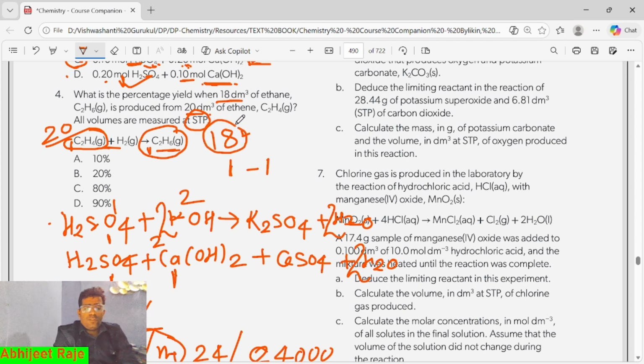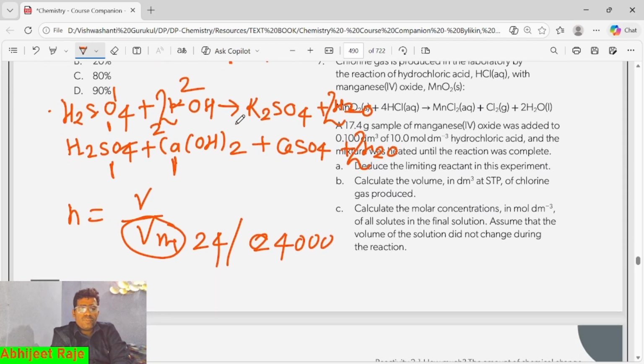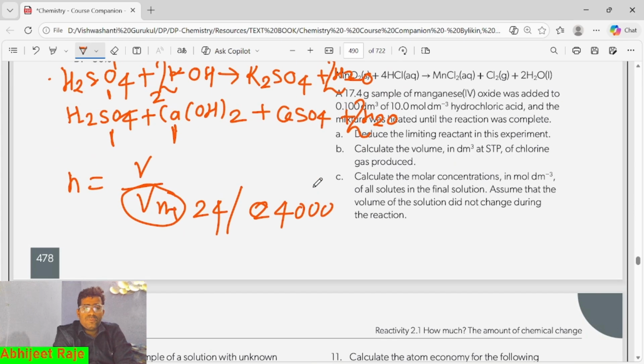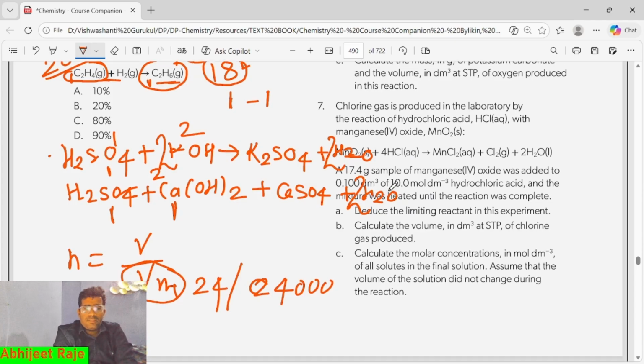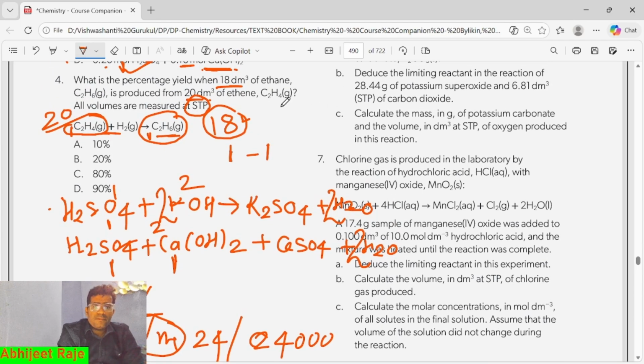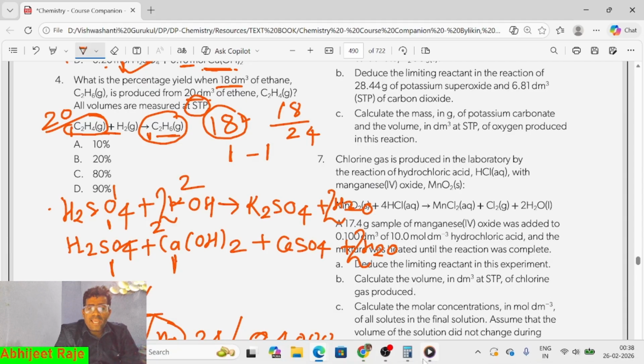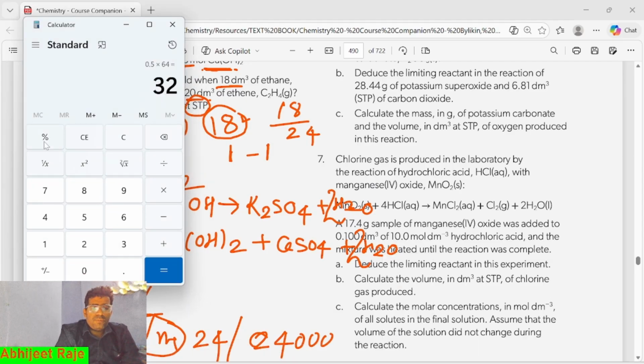But actually we are getting 18. So simply we can do the math. So I will just do simple maths. I'll just write here, 18 upon 24. So 18 upon 24 will give the actual yield, right? So 18 upon 24, I will get 0.75.